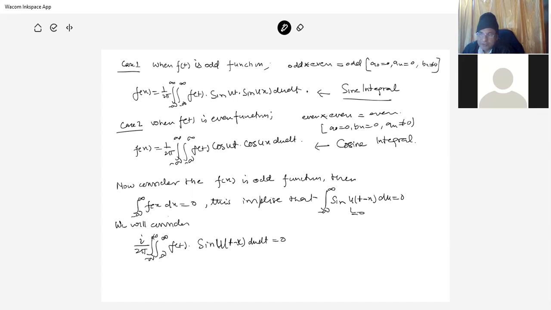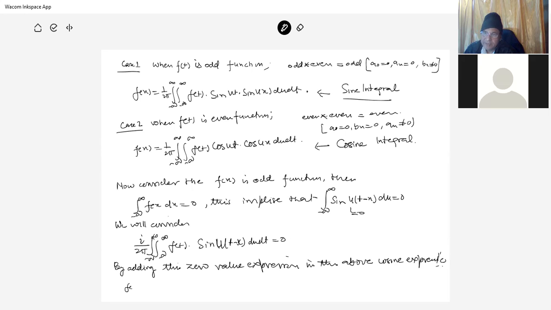And if we add this zero-value expression to the above cosine expression, then f of x is 1 upon 2 pi, f of t cos u(t minus x) du dt, plus i upon 2 pi, f of t sin u(t minus x) du dt.